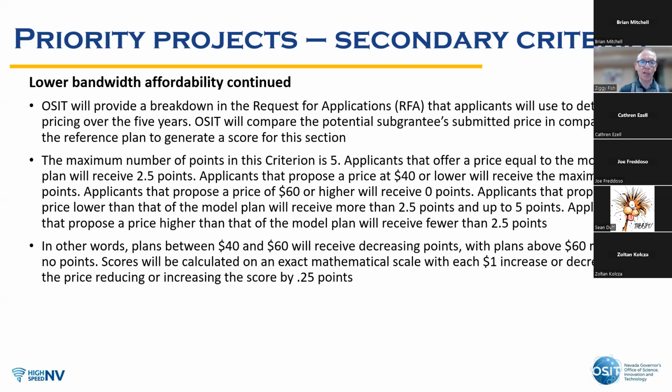And then if you have 60 or higher, you won't receive any points. And it's fractional too. So with each dollar increase, you'll reduce by 0.25 points, and so you can calculate what you'll be getting on this yourself.